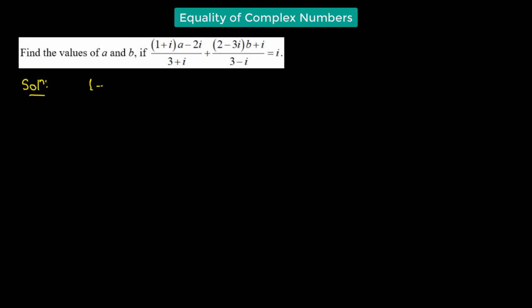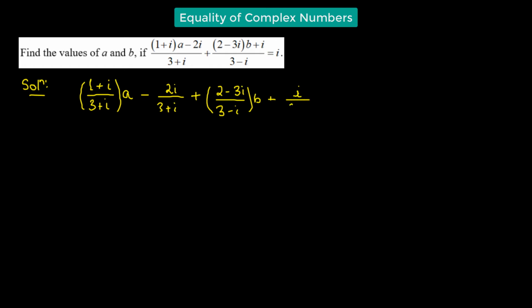So we'll have 1 plus i divided by 3 plus i, whole multiplied by a minus 2i divided by 3 plus i, plus 2 minus 3i divided by 3 minus i multiplied by b plus i divided by 3 minus i, and this is equal to i.